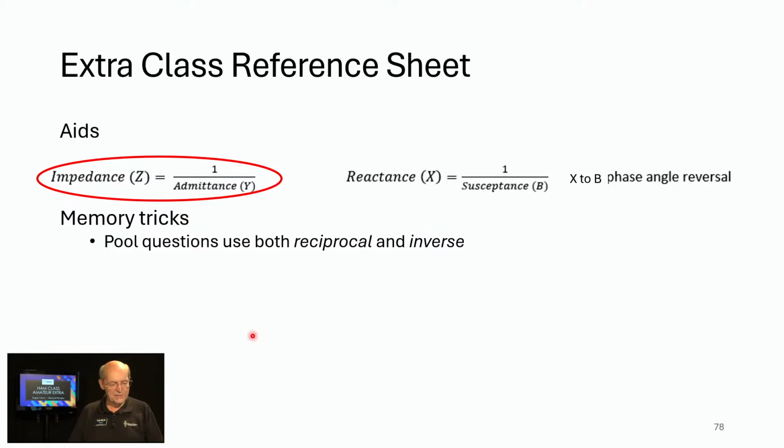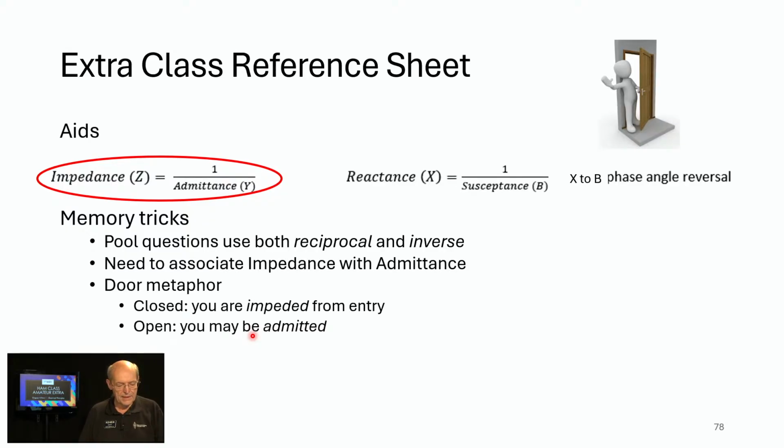So, memory tricks. Pool questions use the words reciprocal and inverse. That means the same thing, so just don't let that throw you. Somehow or another, we need to associate impedance with admittance, because that's one particular formula. When I say formula, it's basically the equation.